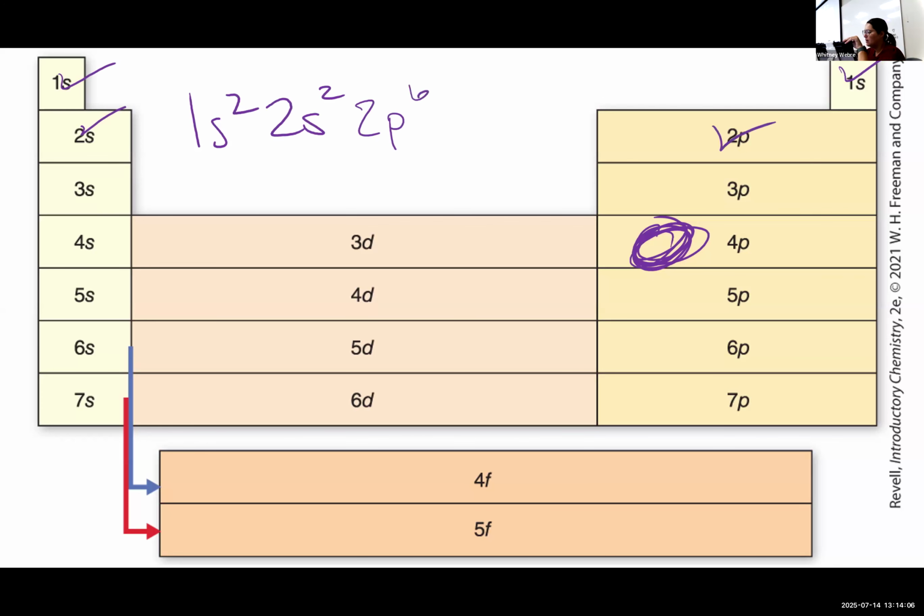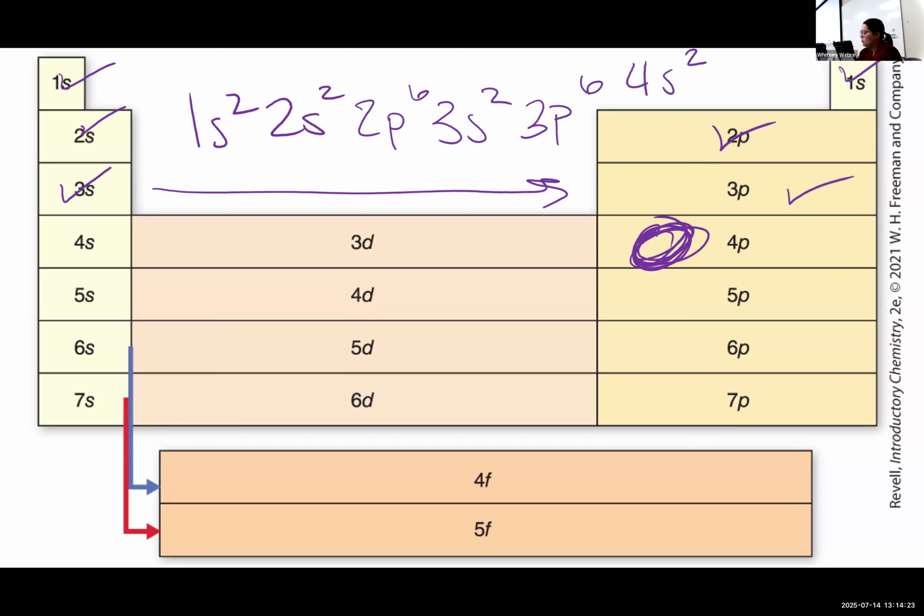Okay, so 2p. Next would be 3s2. Check. Now we don't do 3d because it's on a different row. We have to finish the row. Check. Next would be 4s2, 3d10, and then you finally get to the 4p question mark.